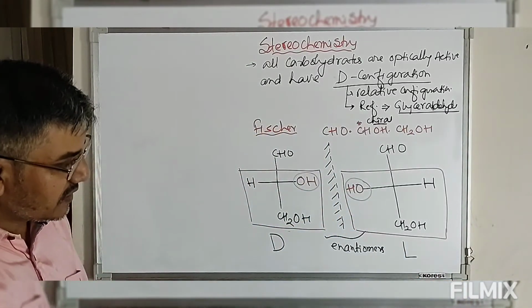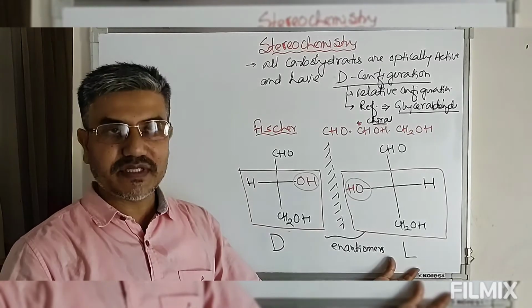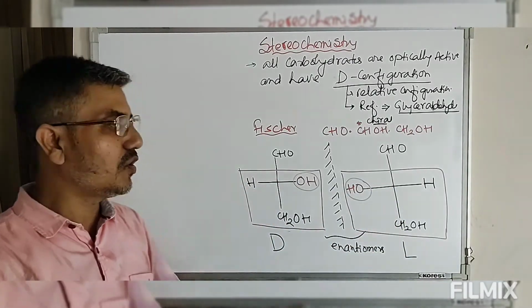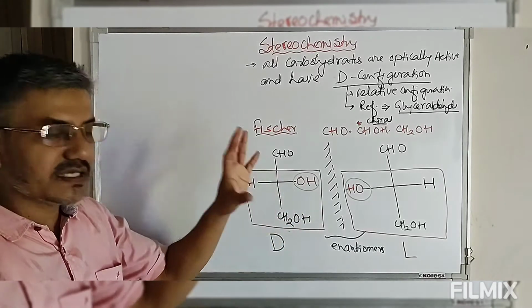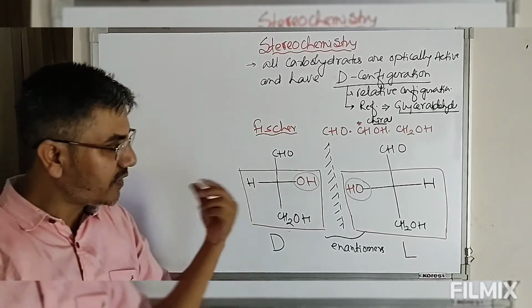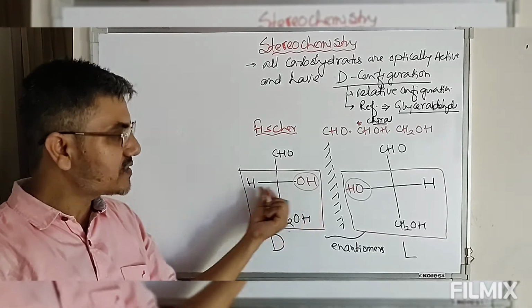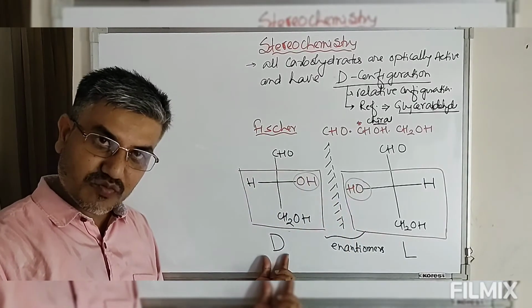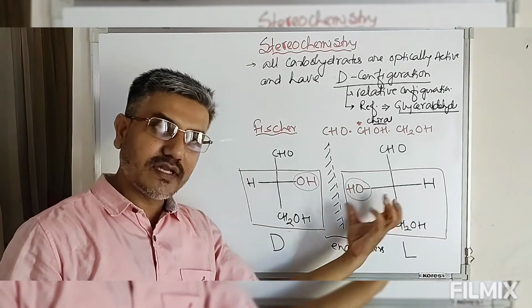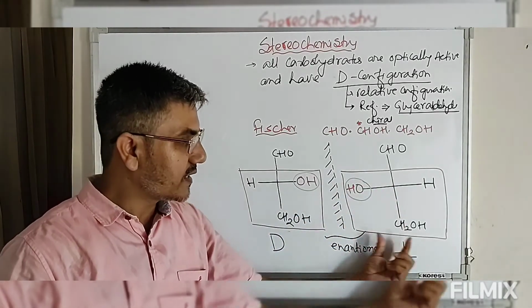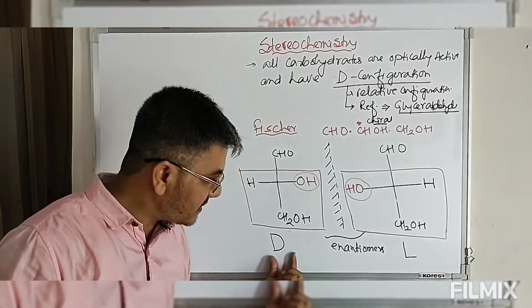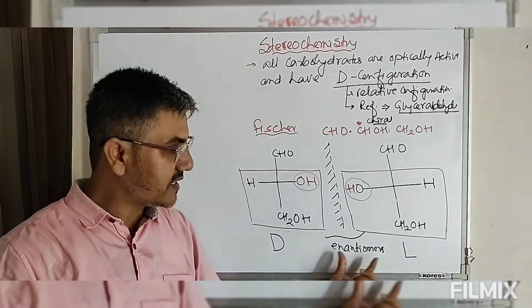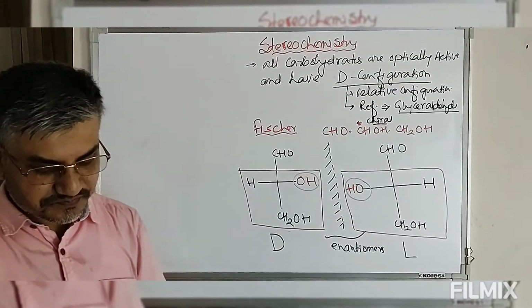So capital D and capital L are nothing but the placement of the OH group at this chiral center. If the OH group is on the right hand side, that isomer is known as capital D. If the OH is on the left hand side, it is known as capital L. So D and L are mirror images of each other, that is, an enantiomeric pair.